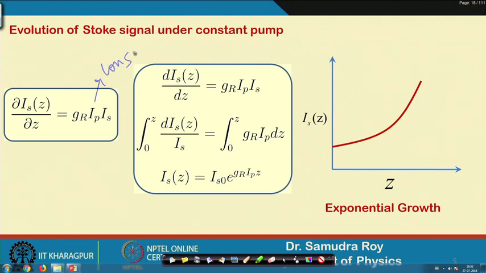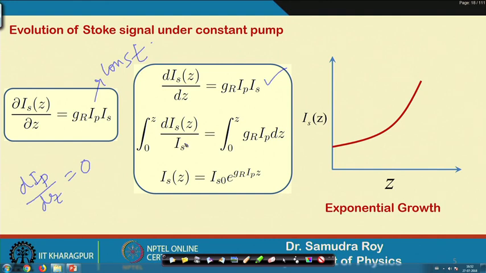If I p is constant, then the second differential equation, related to I p, is 0, which means this coupled equation no longer remains coupled. So, if I p is constant, then the solution is very quick, and one can solve this very easily. This is my equation where G r I p is a constant.